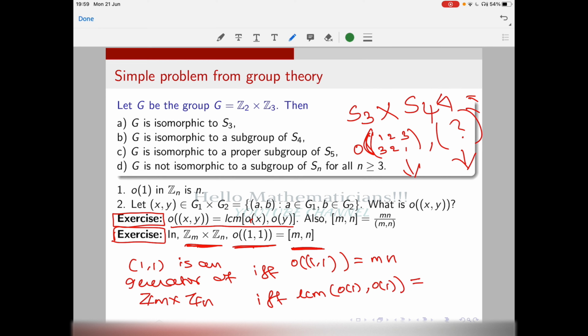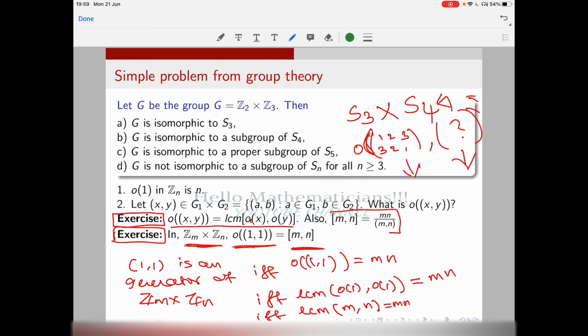We want this to be equal to mn. The first one is coming from Zm, so its order is m. The second one is coming from Zn, so its order will be n. We get mn. So we want the LCM to be equal to the product.